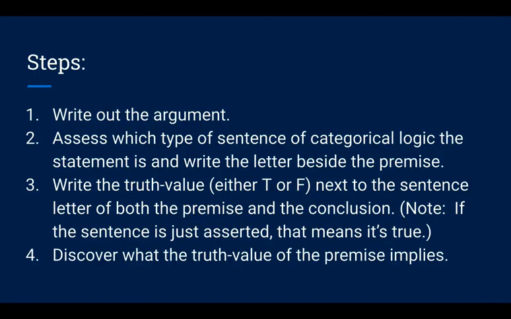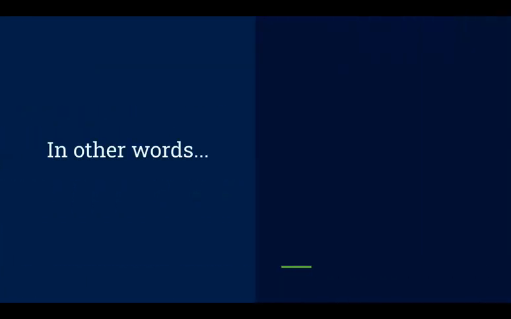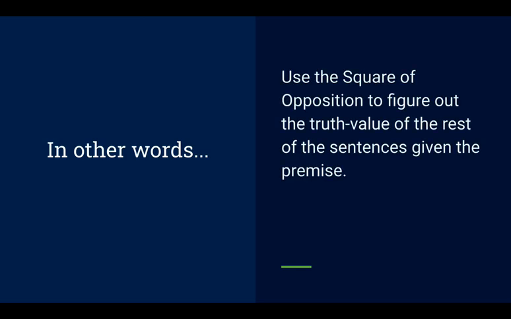Lastly, step 4. Discover what the truth value of the premise implies. For this we have to use our dandy square of opposition finally, but I want to make sure it's clear what's going on here. Use the square of opposition to figure out the truth value of the rest of the sentences given the premise.